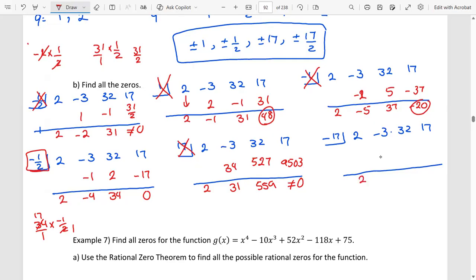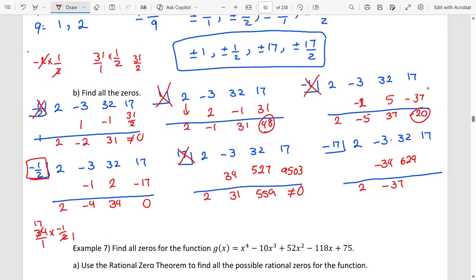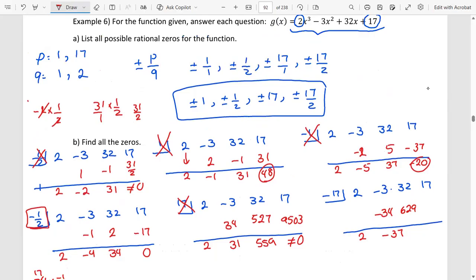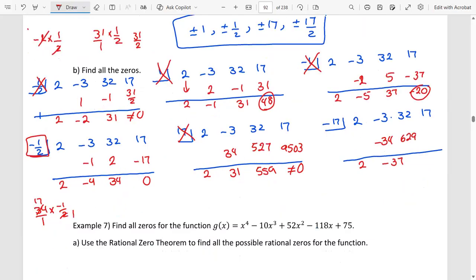2 times negative 17 is negative 34. Negative 37 times negative 17, which is 629, plus 32, 661.